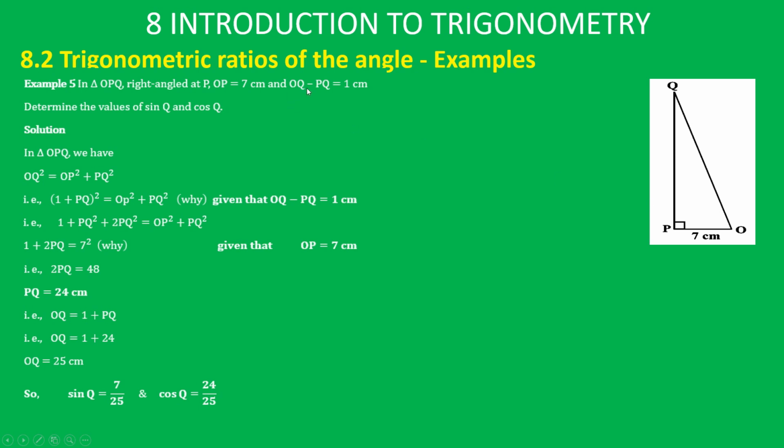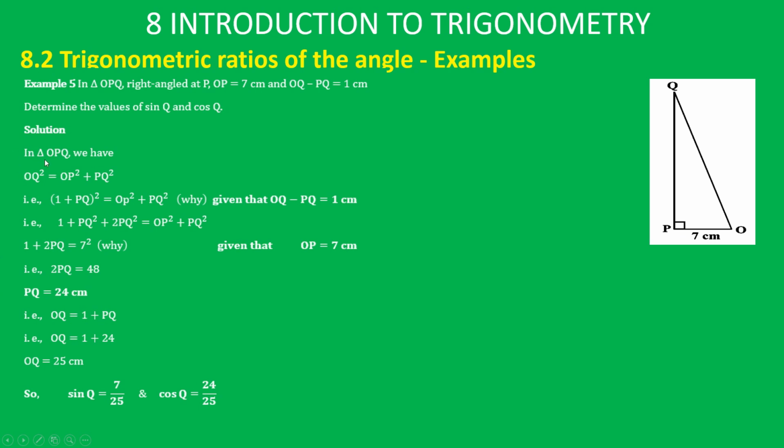The relation is OQ minus PQ is equal to 1 centimeter. Means what? Difference between these two sides is equal to 1 centimeter. That is given. Now determine the values of sin Q and cos Q. They have given one side OP and the relation between the other two sides.